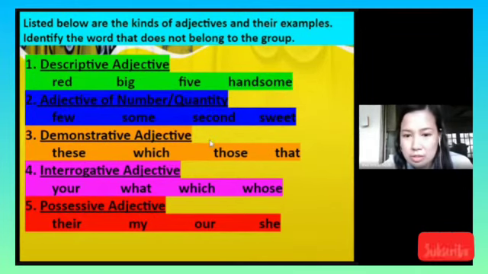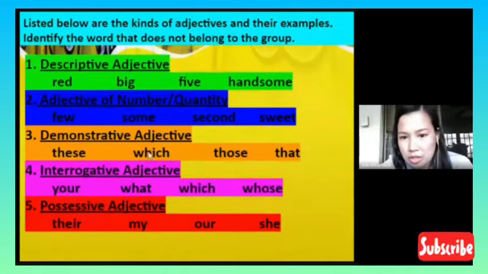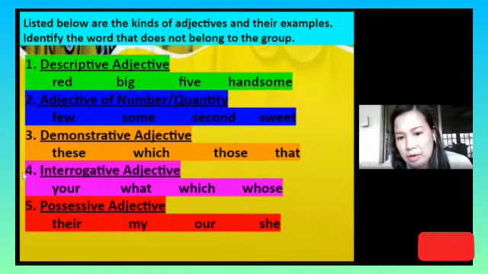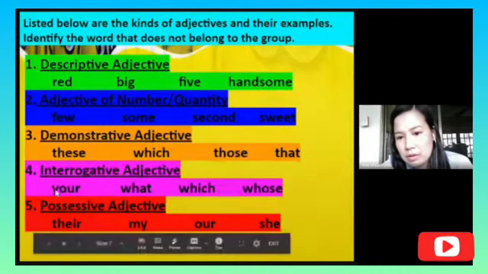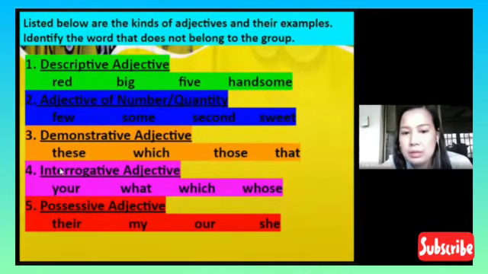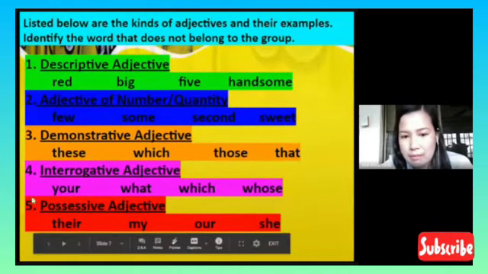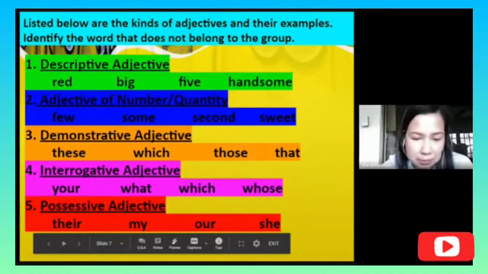So, ang hindi belong sa group ay which. Number 4, interrogative adjective. Your ang hindi belong dyan. Number 5, she. She is a pronoun. Okay? Score, class. Type your score, please.